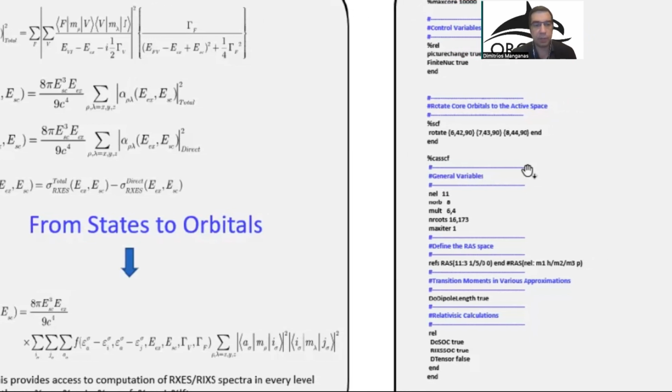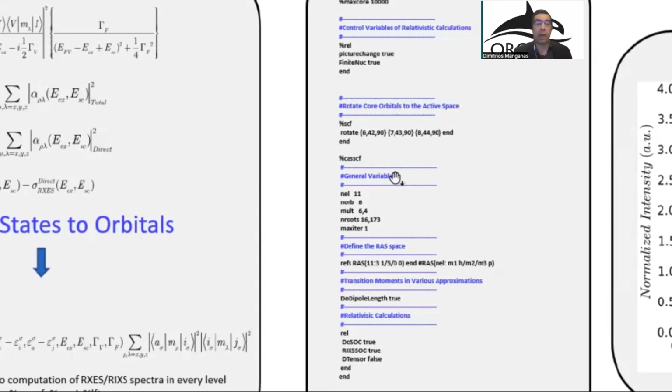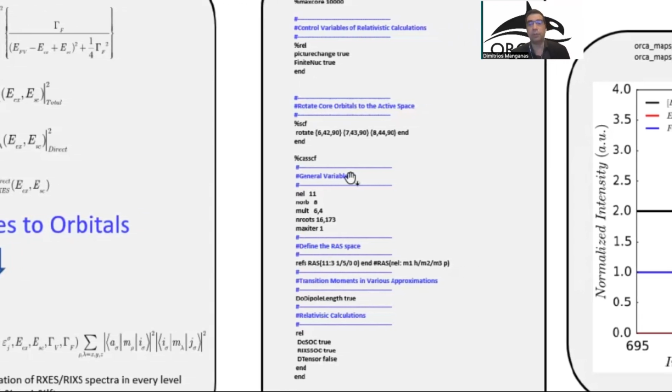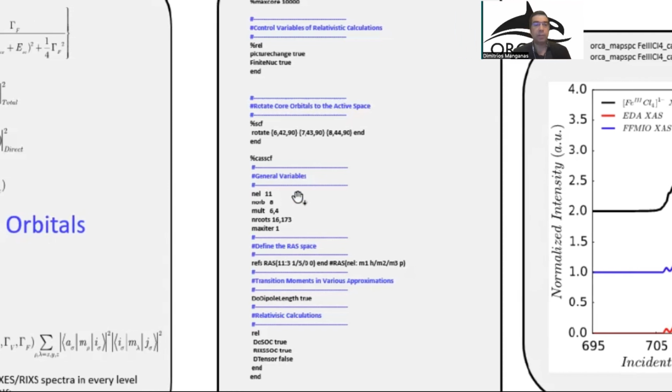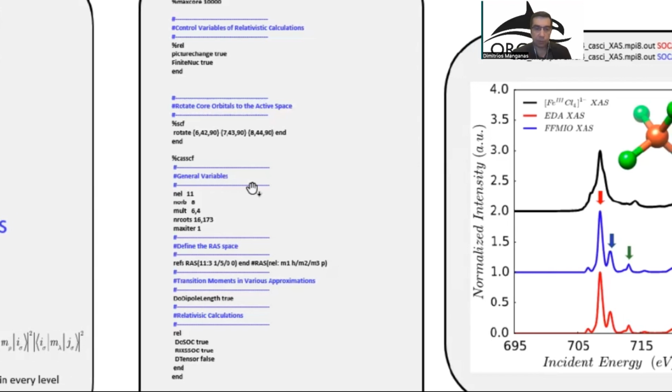As in non-resonant X-ray emission spectroscopy, the calculation request to X-ray absorption and resonant X-ray emission or RIXS spectra is very similar. For example, in the case of 2p3d RIXS for the iron tetrachloride, within the CASSCF approach in CASSCF module, one constructs a basic input for the X-ray absorption spectrum, while for the generation of the RIXS spectra, one actually needs to activate only one keyword, in this case, the RIXS SOC keyword, because spin-orbit coupling is important for this type of spectroscopies.